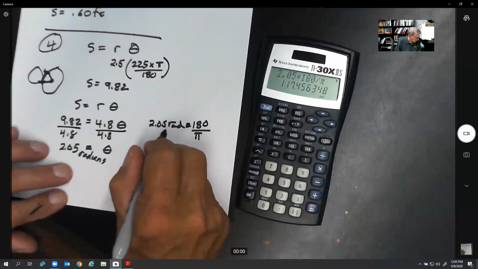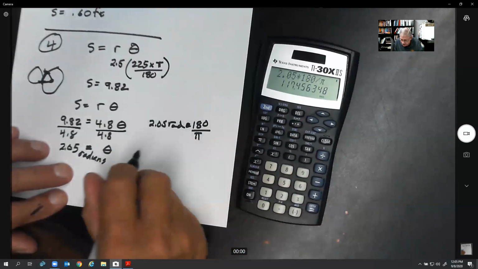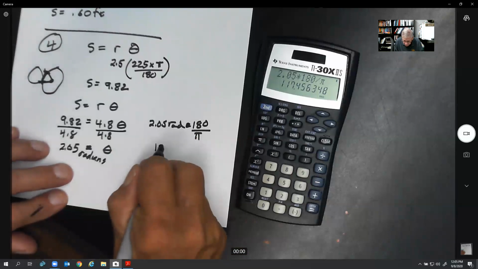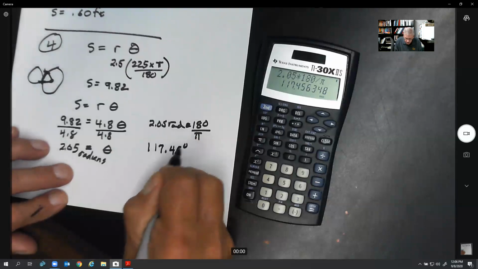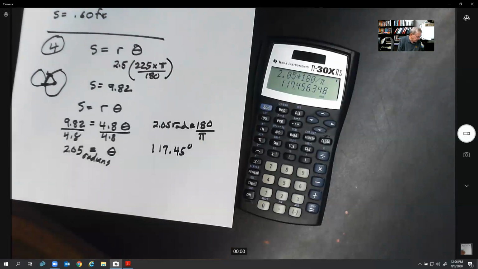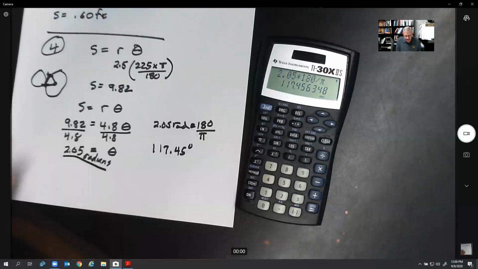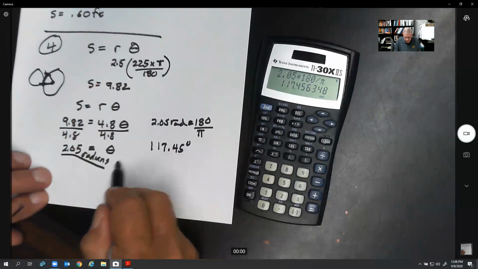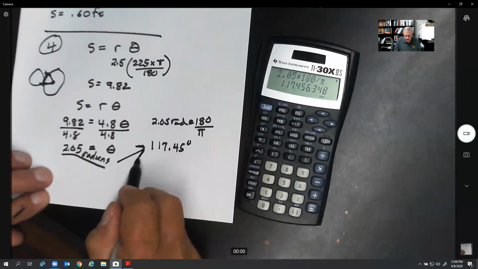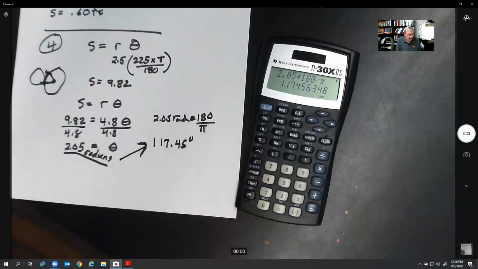How close did we come out? 117.45 degrees. So pretty close. They said 117, kind of rounded off. So it was pretty darn close to what they said. Just remember that we're working in radians in here, and we wanted the answer in degrees, so we had to convert back over to degrees.